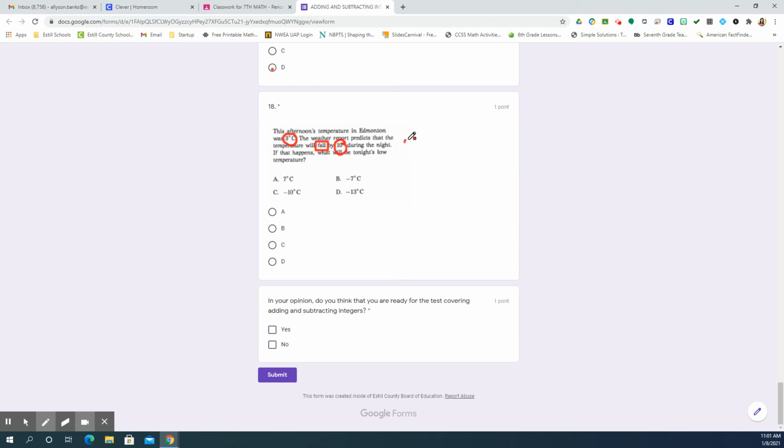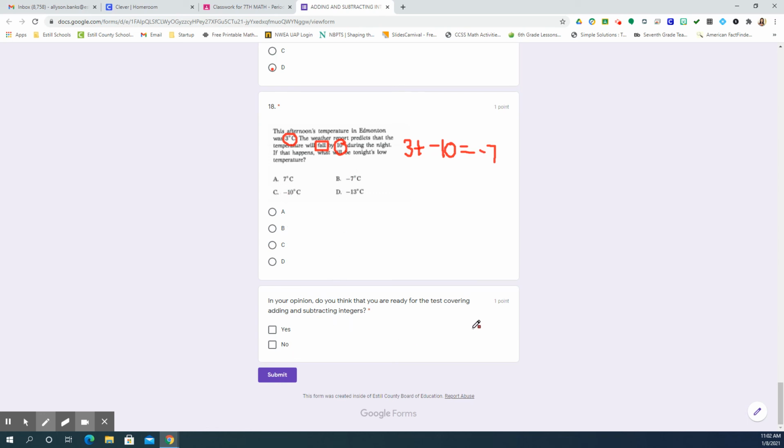So we're going to say 3 plus negative 10, which if you had written 3 minus 10, that's the same thing. 3 minus 10 is the same thing as 3 plus negative 10, but that's with the change rule. So we have 3 and 10. If you have different signs, you subtract, and you keep the sign of the largest number. So 10 minus 3 is 7, but it is negative. So we have negative 7. So it looks like it is B.